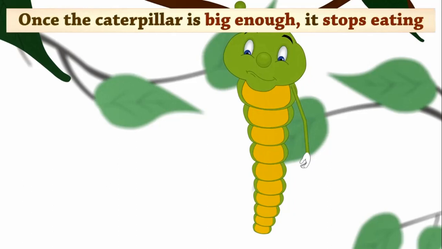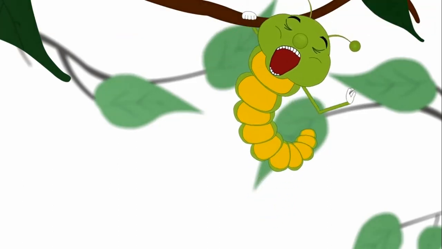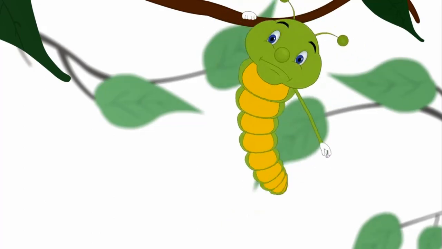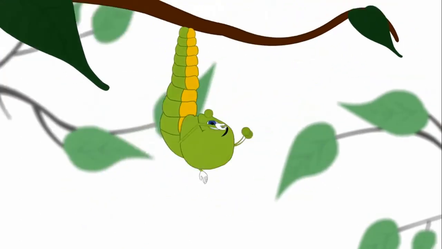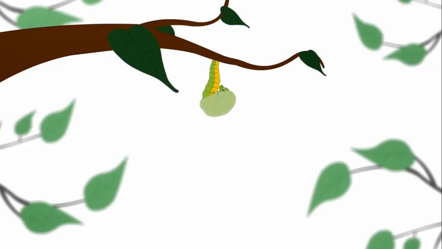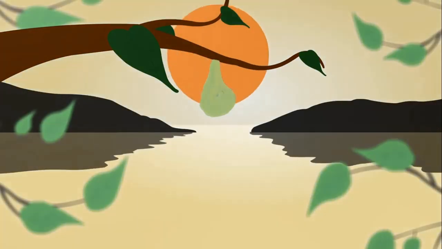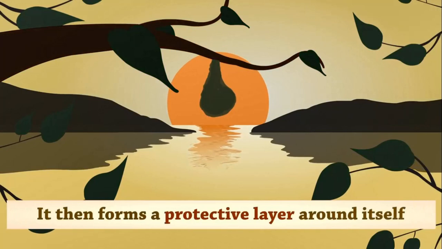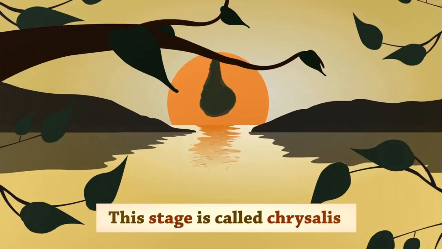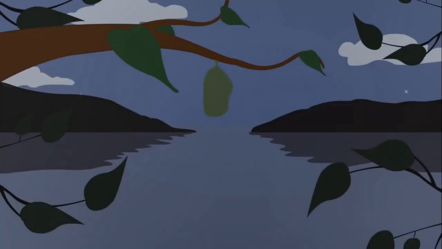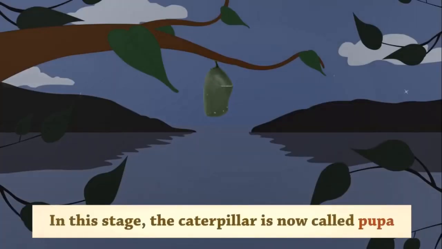Once the caterpillar is big enough, it stops eating. It then forms a protective layer around itself. This stage is called chrysalis. In this stage, the caterpillar is now called pupa.